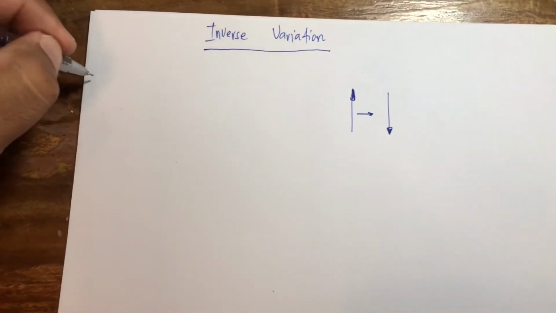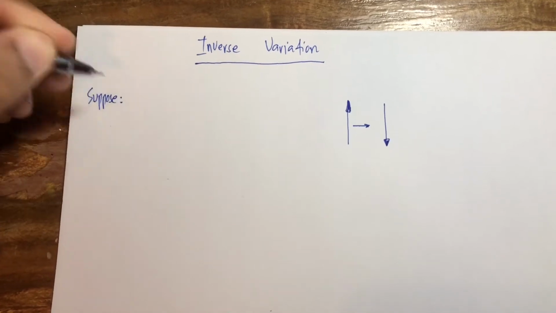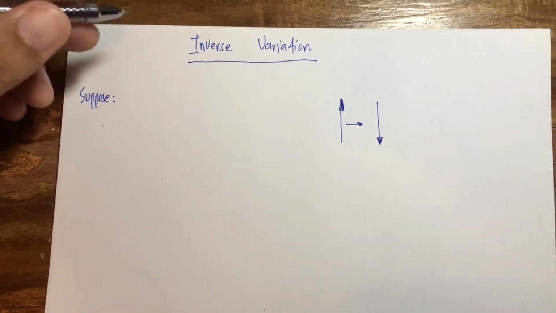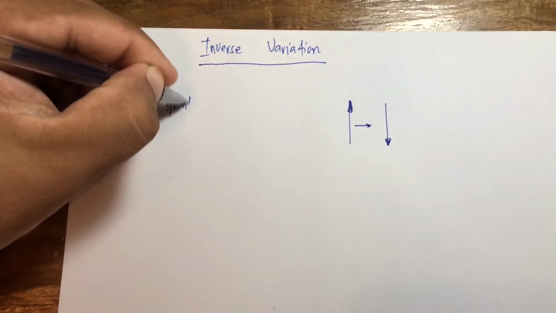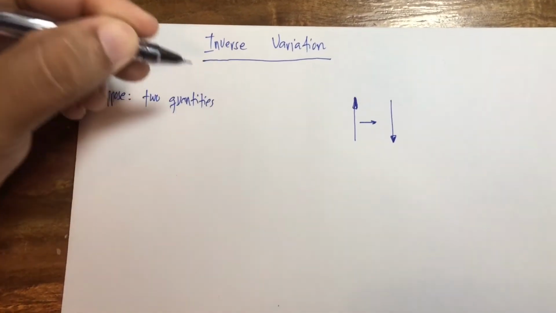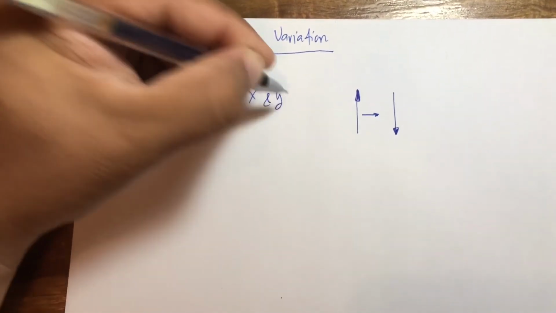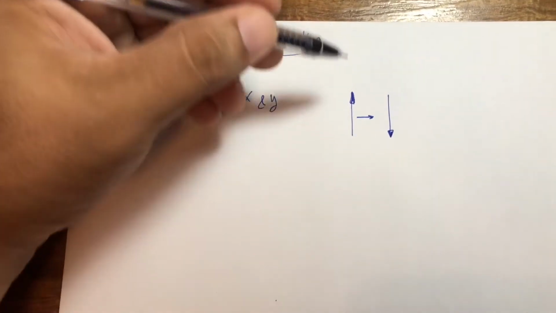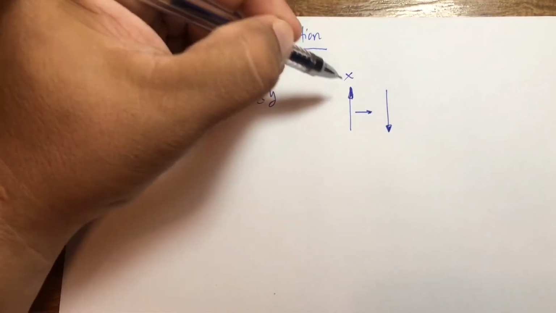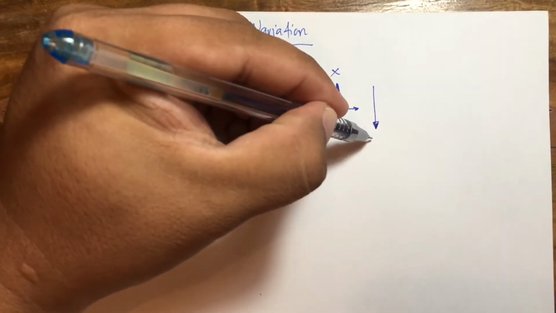Suppose our two quantities are x and y. As we increase the value of x, it causes a decrease in the value of y.